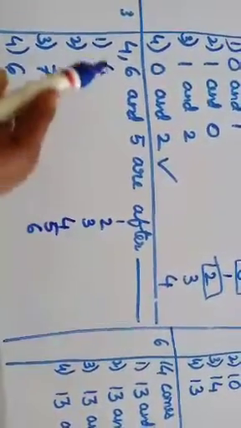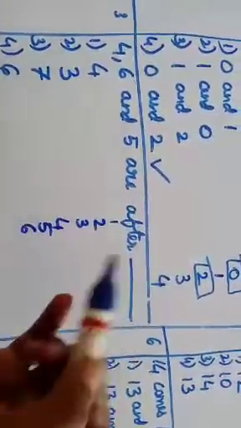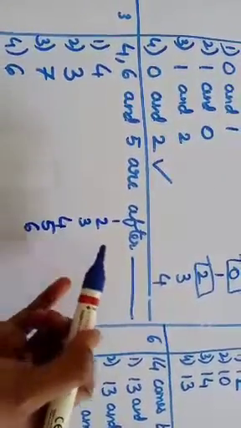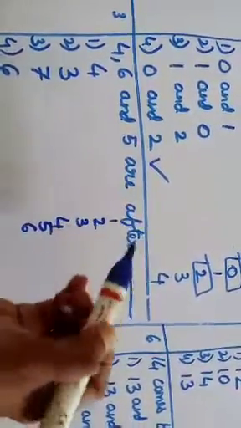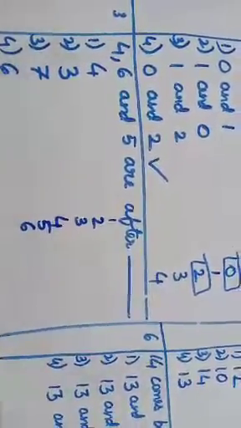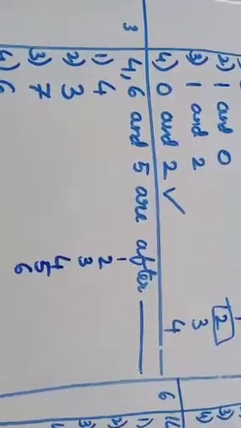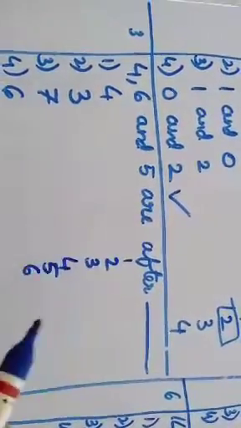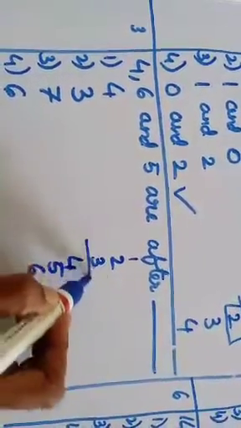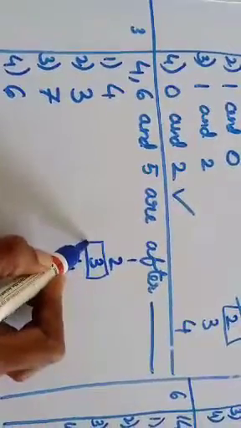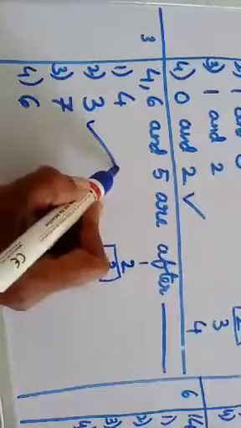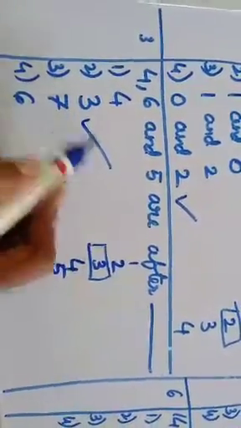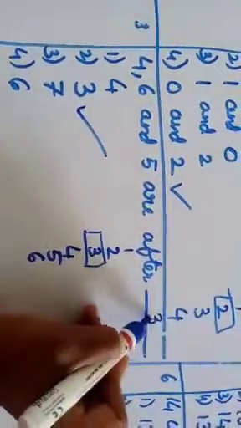That is 4, 6, 5 is after which number? They have asked here after which number 4, 6 and 5 comes. So 4, 6 and 5 number comes after 3 only. Yes or no? So here is the 3 option, that is second option 3. So tick mark it and write in the blanks.